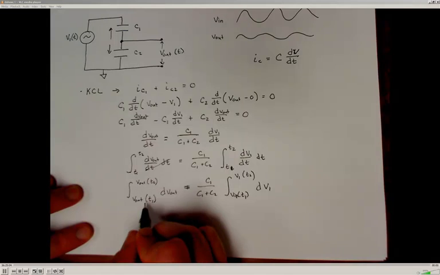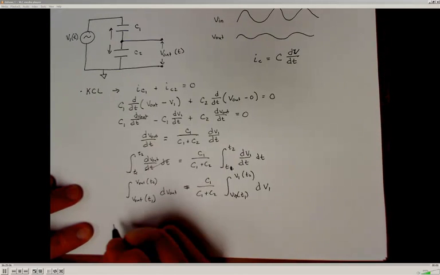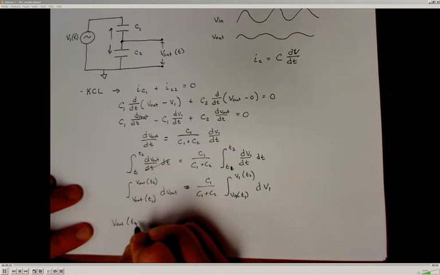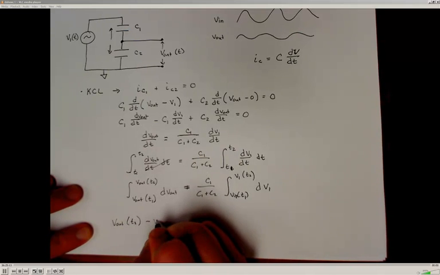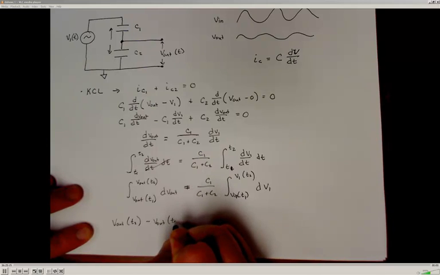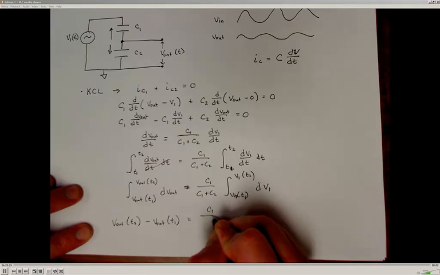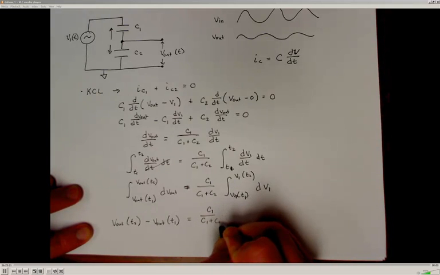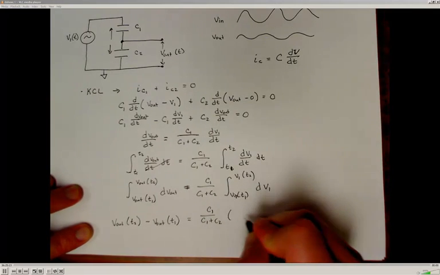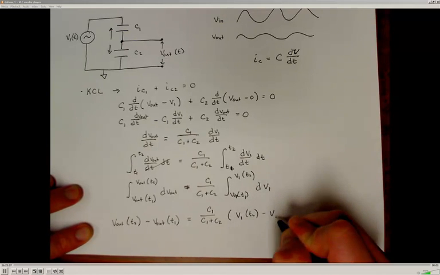Then I'm going to evaluate it at these two limits. So that will give me the output voltage at time 2 minus the output voltage at time 1 is going to be equal to C1 over C1 plus C2 times the input voltage at time 2 minus the input voltage at time 1.